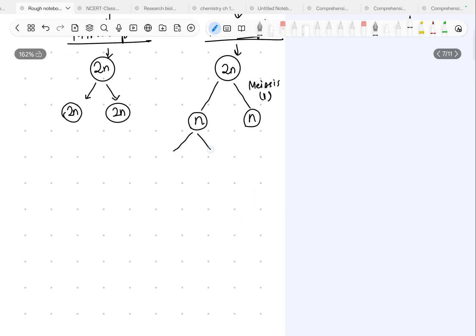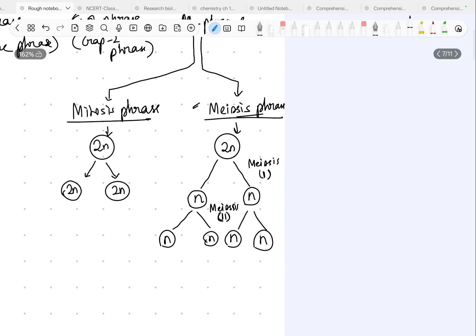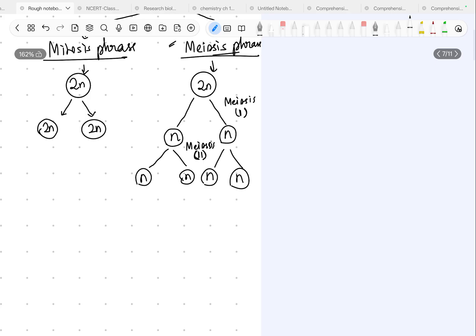Then this divides into n, n, n, n, and this part is meiosis 2. So meiosis occurs in two phases, meaning cell division will occur two times. Meiosis 1, meiosis 2.